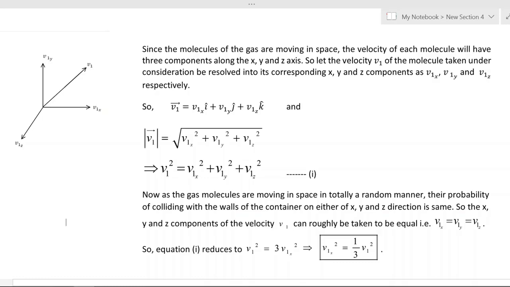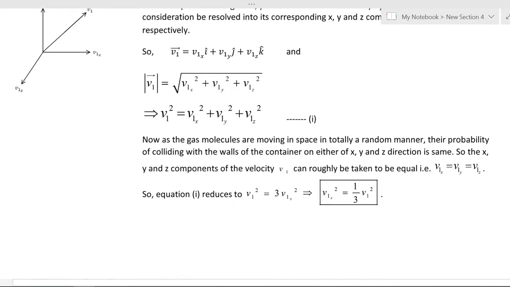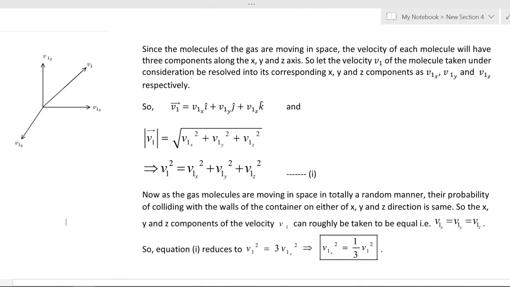You all know that that's how we can always represent a vector in terms of its x, y and z components. The modulus of the v1 vector is equal to the square root of v1x squared plus v1y squared plus v1z squared, isn't it? After that, squaring both sides, we get v1 squared equals v1x squared plus v1y squared plus v1z squared, which is one particular equation. Now see the logic. This is also based on a particular assumption of the kinetic theory of gases.